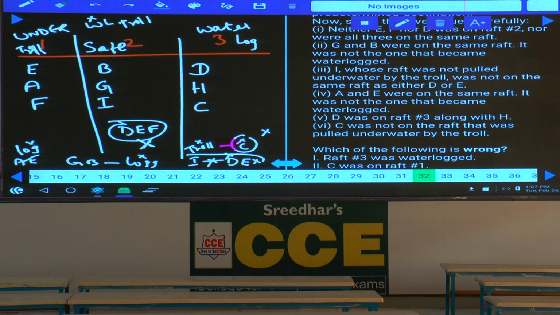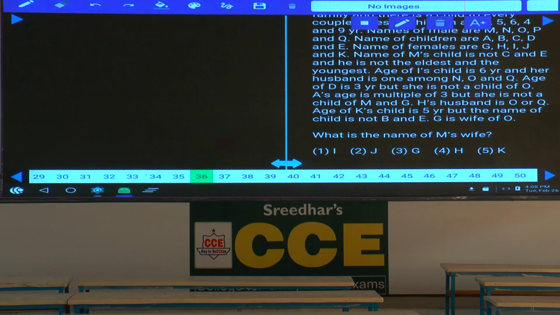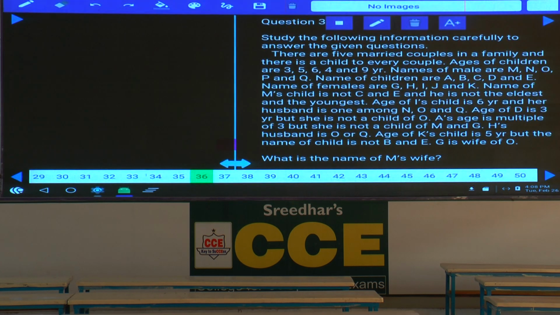Shall I start with the next one? Now 36 to 40. Now in this 36 to 40, tell me what is the information here.